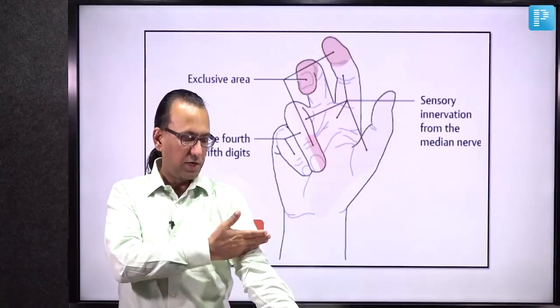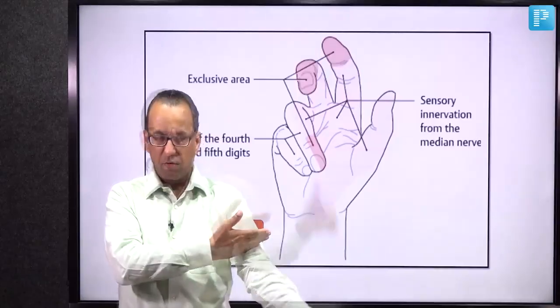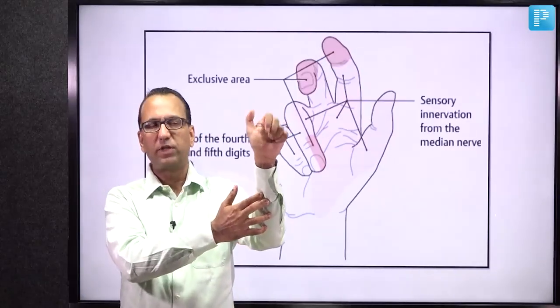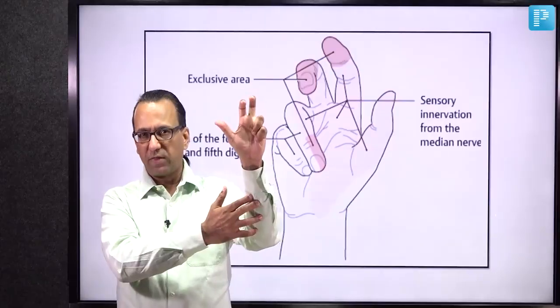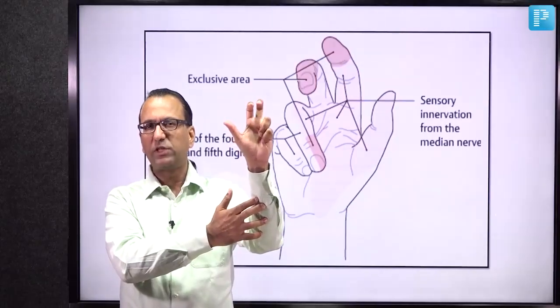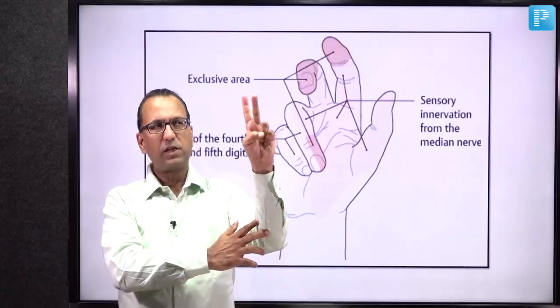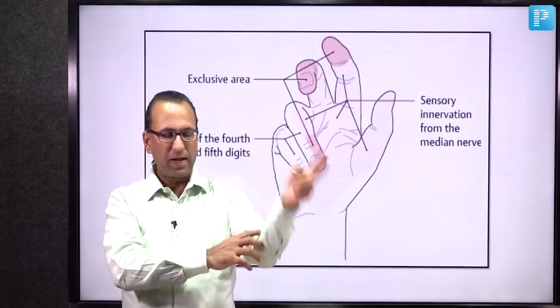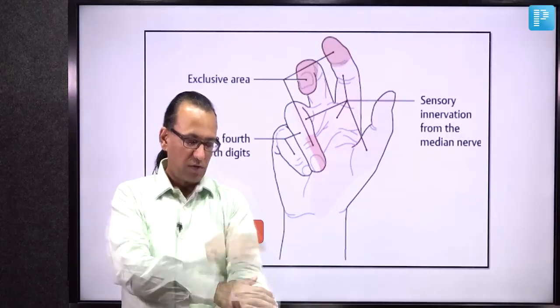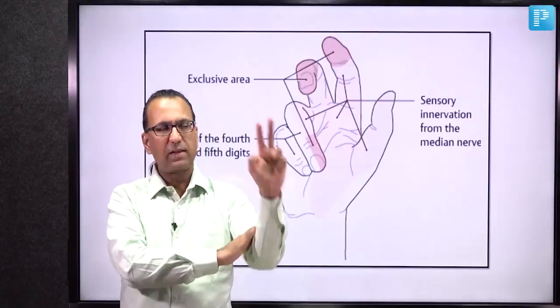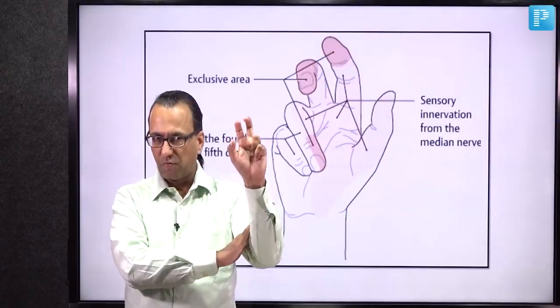If there's a median nerve injury somewhere above the elbow, then the anterior interosseous nerve is not working and the finger is unable to fold. Similarly, these two fingers fold with the help of flexor digitorum superficialis and flexor digitorum profundus, but the flexor digitorum profundus which works on these two fingers is supplied by the anterior interosseous nerve. So if the median nerve is injured, its branch anterior interosseous nerve is not working, then he may not be able to fold them properly.